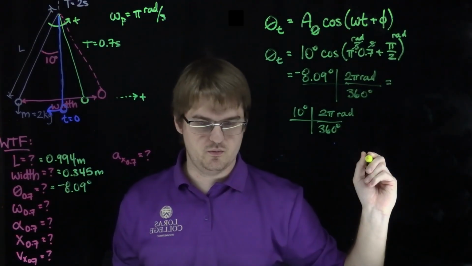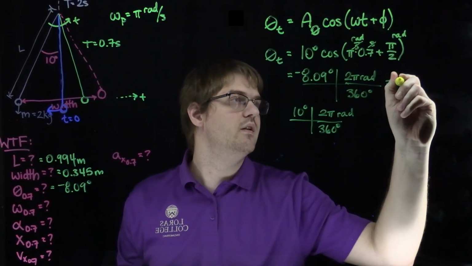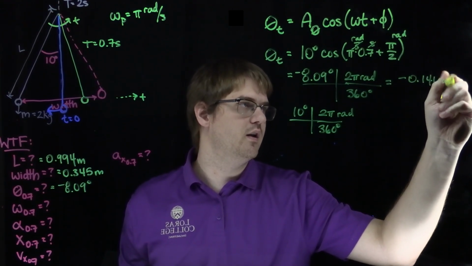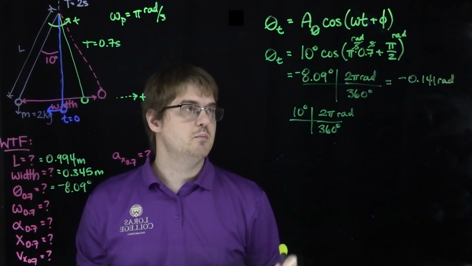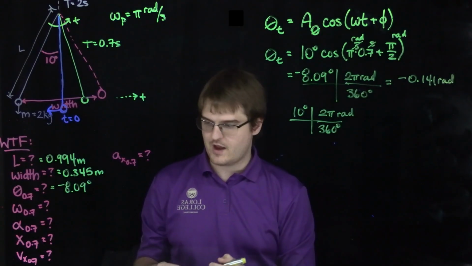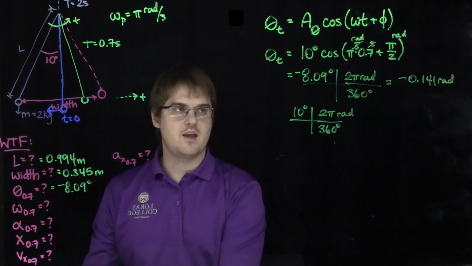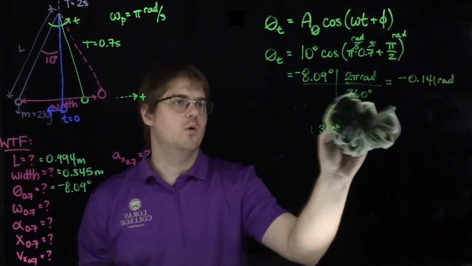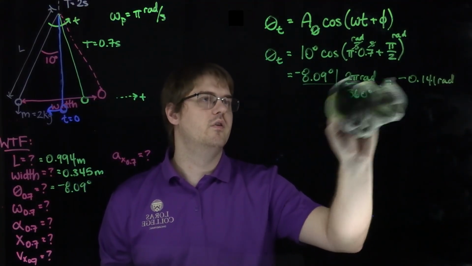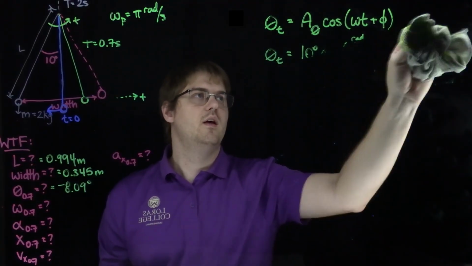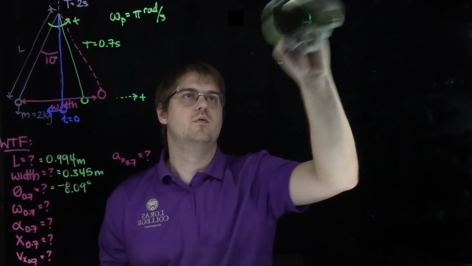And that actually gives me a value of negative 0.141 radians. But in this case, it's going to end up in exactly the same number. We have actually already accounted for that in our calculation. So we have that angle of 8.09 degrees at 0.7 seconds.